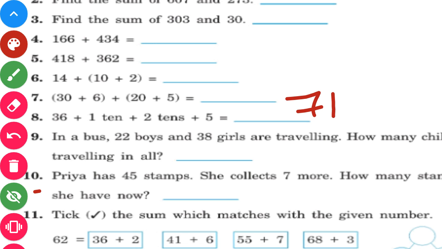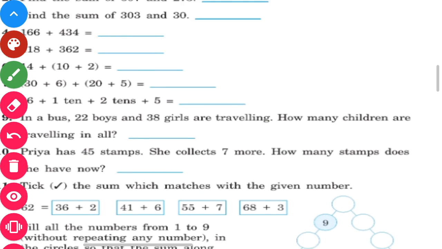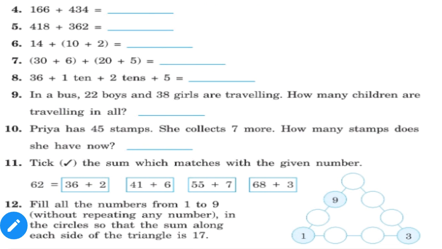Okay. Now moving toward question number 9. Read this question. In a bus, 22 boys and 38 girls are traveling. How many children are traveling in all?